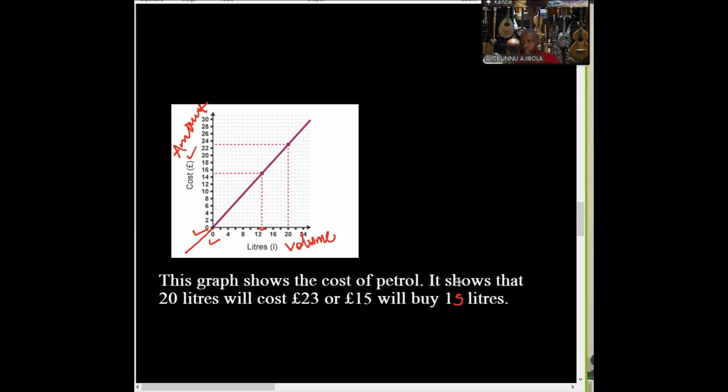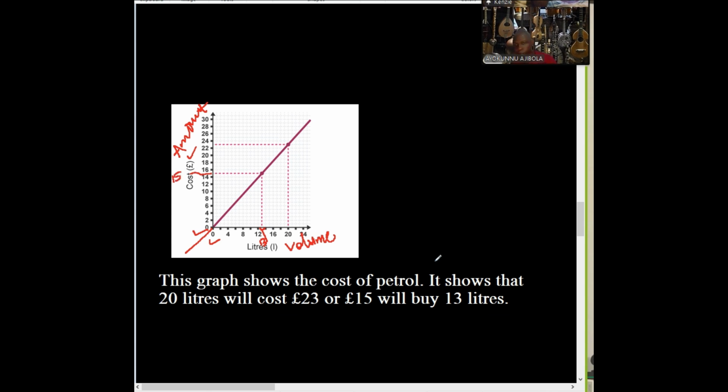Yeah, that's correct. The liter is here. So it is 15 pounds before 16 that will buy these 13 liters before 14. So 13 liters is at this point, while 15 pounds is somewhere here.